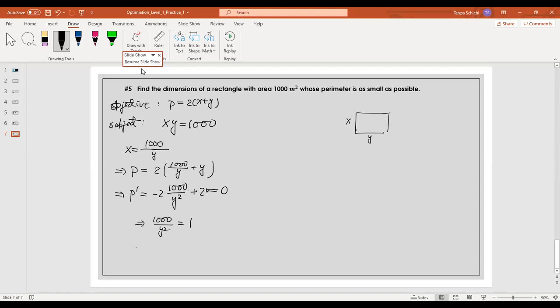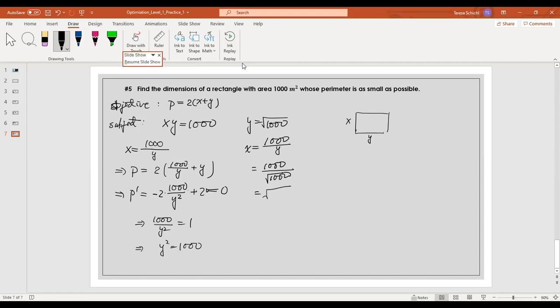So what can you get here? Y squared is equal to 1,000. So what is Y? Y will be the square root of 1,000, because I cannot have a negative. Now X is 1,000 over Y, so it's 1,000 over the square root of 1,000.